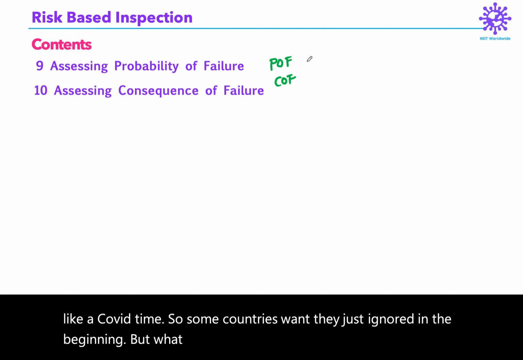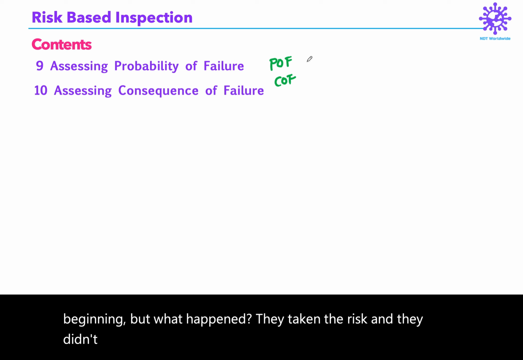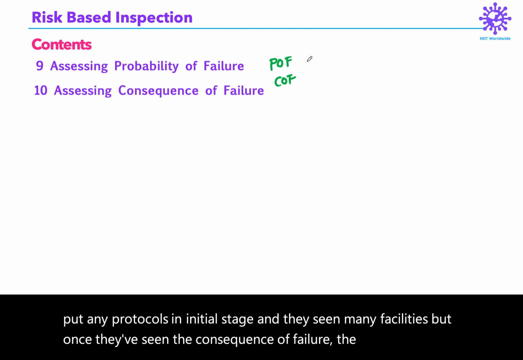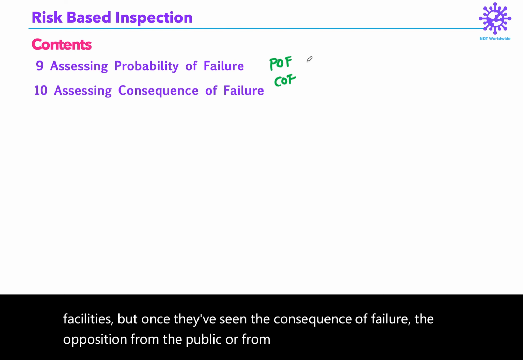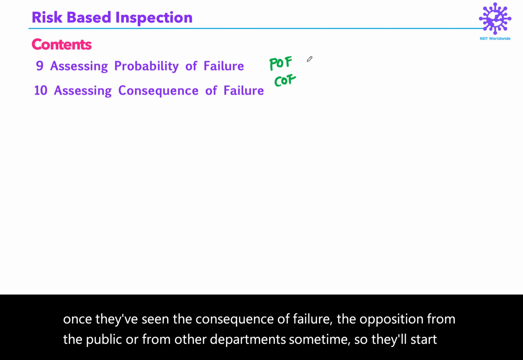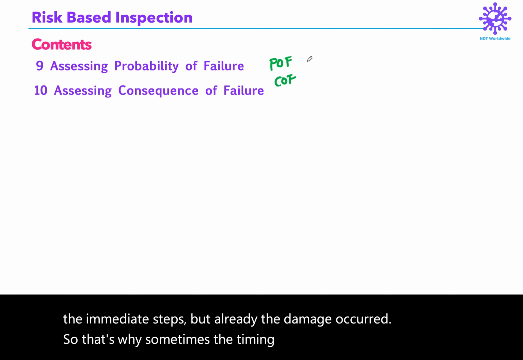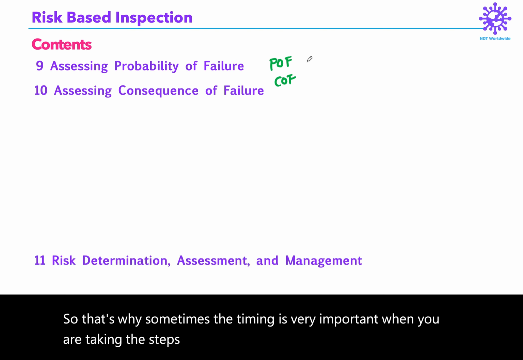They took the risk and didn't put any protocols in the initial stage, and they saw many fatalities. But once they saw the consequence of failure, and the opposition from the public or from other departments, they started immediate steps, but the damage had already occurred. So sometimes the timing is very important. When you take the steps is very, very important.